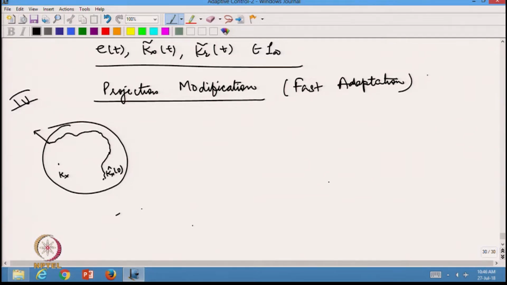we will try and limit it to stay along the boundary of the convex set. So, we apply a projection. We project the adaptation such that it stays along the tangent. However, if at this point the derivative is pointing inside, it just means that at the next instant kx hat will go inside the convex set, and stay bounded.